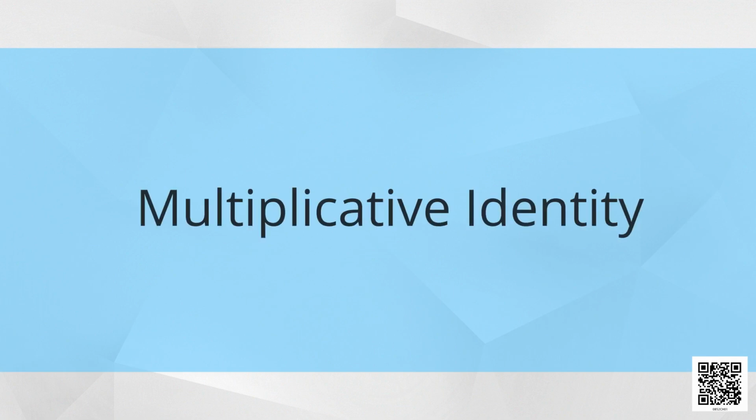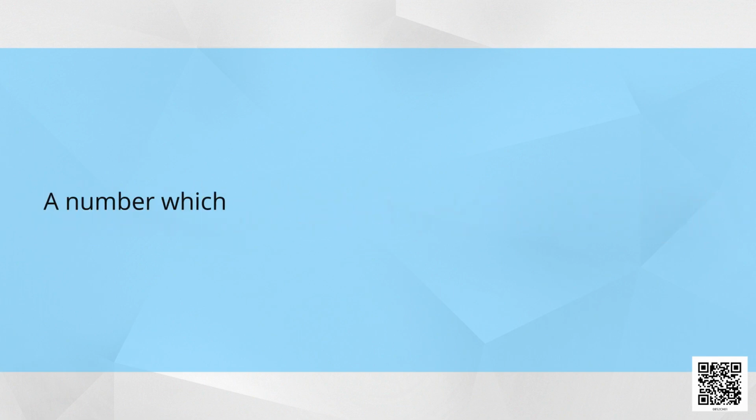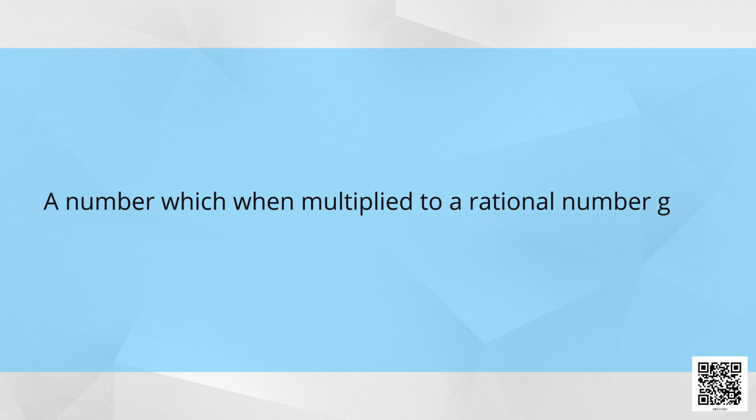Now we will find multiplicative identity. That is, a number which when multiplied to a rational number gives the same rational number. For example, a multiplied by which number will give a? Just think about it. Which is the number that multiplied with a gives a itself?